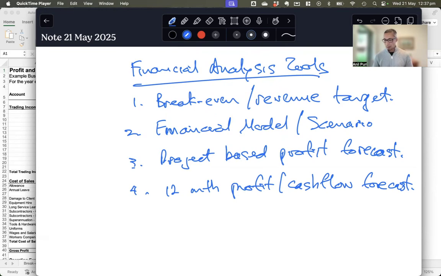But it's a good way to think about your business, think about a model that can represent your business and that you can then use to make better decisions, look at different scenarios, but also understand what's going to happen with your profit and cash flow and what maybe the levers are. And as you change these levers, what it means to the bottom line in your business. If you've got any questions as we go, just pop it into your chat window and I'll keep an eye on that as we go.